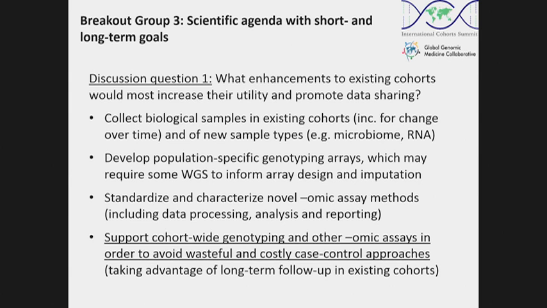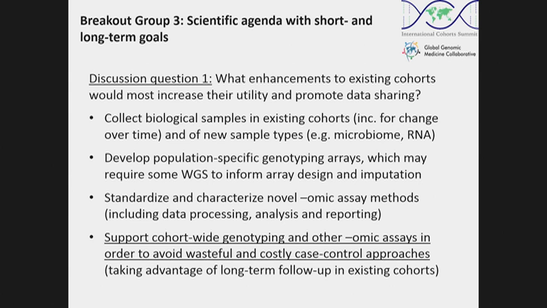There may be cohorts where there are baseline samples, but where collecting additional samples after baseline in order to look at change over time could be very valuable. With UK Biobank, for example, where we're imaging 100,000 people about 10 years after baseline, we are at the same time collecting the same biological samples such that change could be looked at.